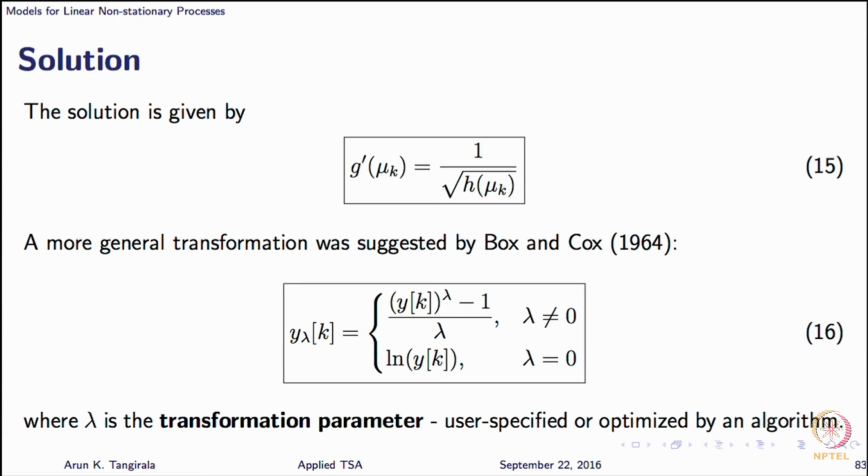From this came about the more general class of transformations, again by Box and Cox. You can see Box appears everywhere, and also the equation is in a box there. The general set of transformations suggested by Box and Cox are known as Box-Cox transformations, and there is a parameter lambda to control the nature of the transformation.